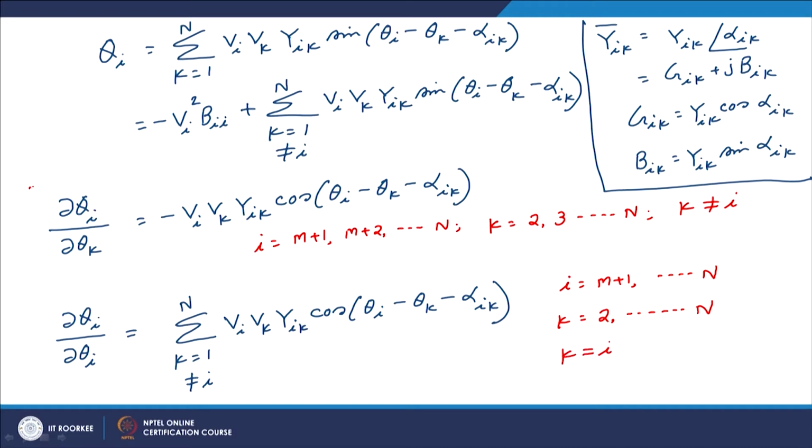So, these two terms together define the matrix J3.